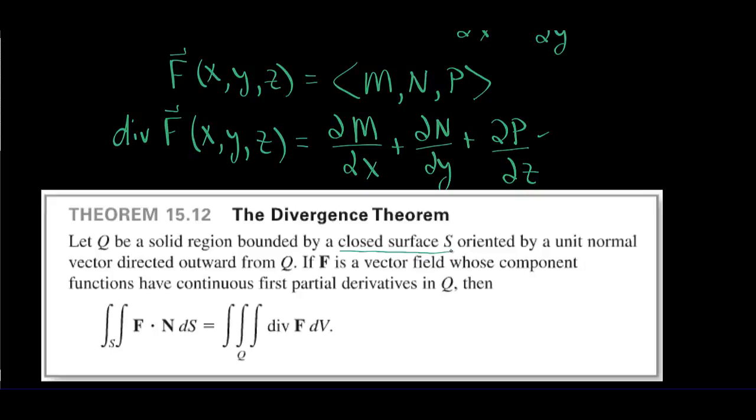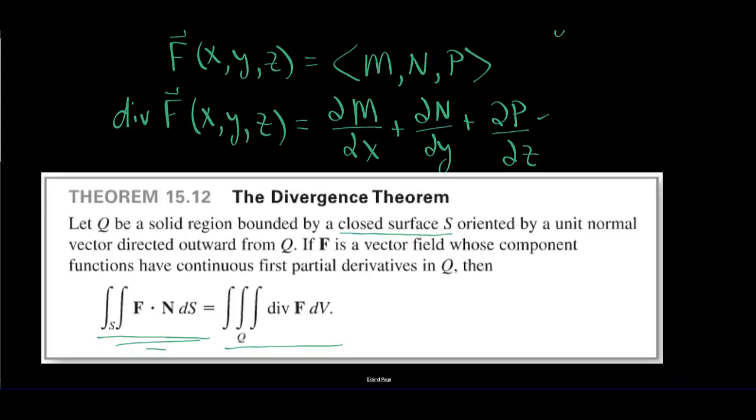If f is a vector field whose component functions have continuous first partial derivatives in Q, then this is true. Then you can evaluate the surface integral. You don't have to go through all the steps that we went through, and that can be painful. You can just do a triple integral. And that's what we just did. This is the divergence theorem.